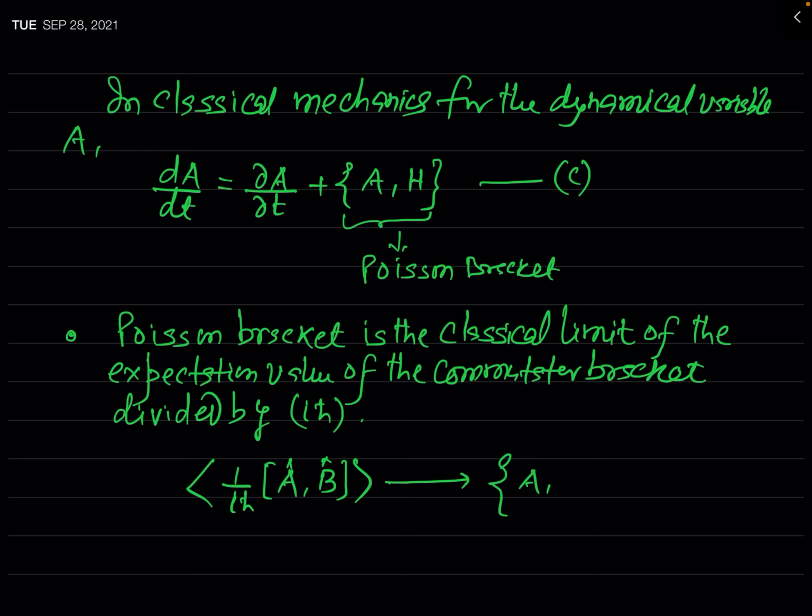So we write here simply A and B. This is your classical limit. Symbolically you can say. So this is all about the equation of motion in the Schrodinger picture in terms of the operator, or you can say the expectation value of the operator in the Schrodinger picture.